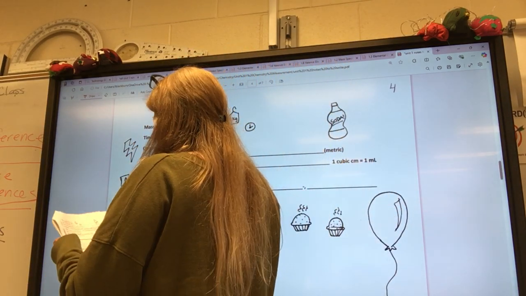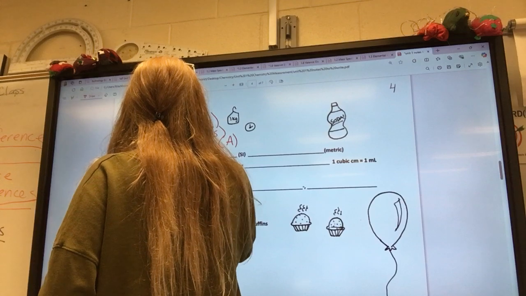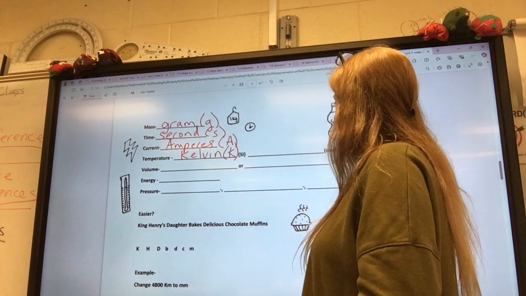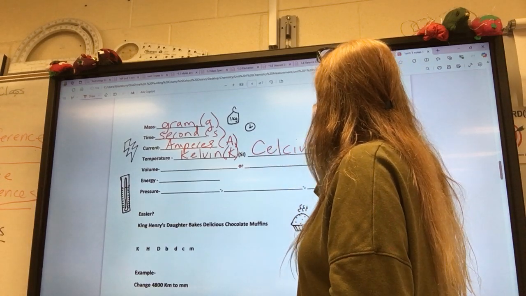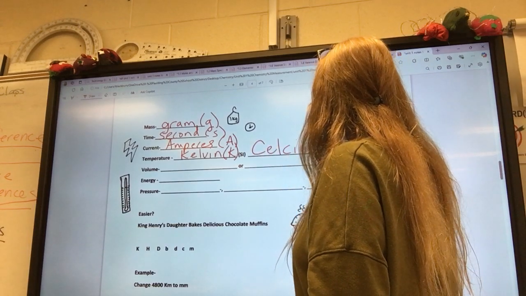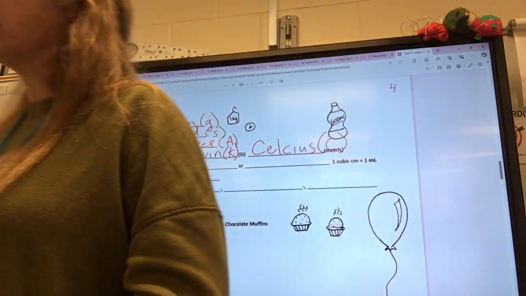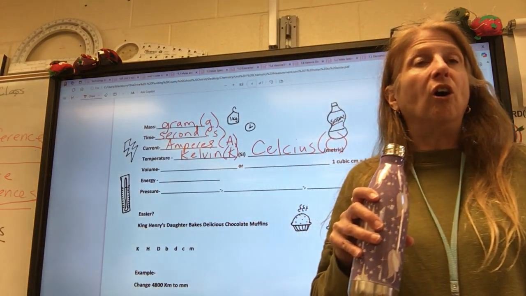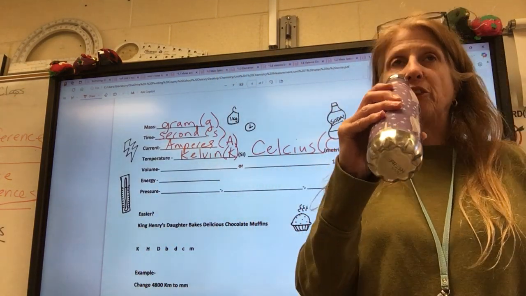Temperature is Kelvin in SI, and we're going to use that later when we learn about the gas laws. It's a capital K, and in metric it's Celsius. Have you heard of Celsius degrees? And that's a capital C. Now, here in the United States, we also use English measurements like Fahrenheit, yards, pounds, but in science class, we're going to use the metric system.